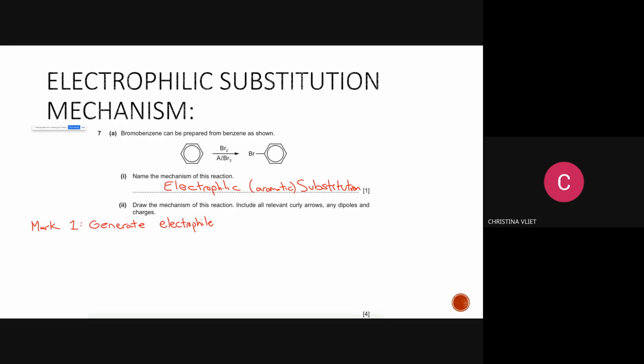Because at some point, you have actually got to get this onto the ring, right? So you have positively charged bromine. So how in the world does that happen is the question. This is what you need the catalyst for. So I'm going to write it on the side and then write exactly what Cambridge wants you to write over here. So how does this happen? Let's take a look at AlBr3.